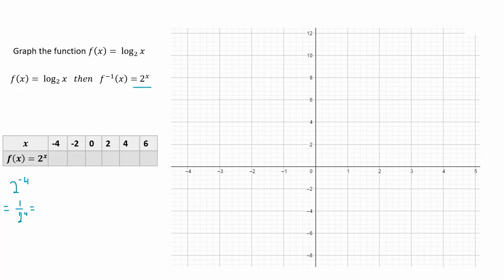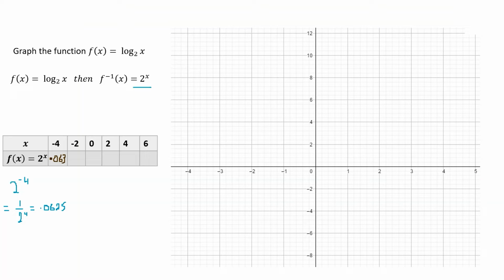So 1 divided by 16 is going to give me 0.0625. I'm going to round it up to 0.063. So into my box then, in here it's going to be 0.063. That's my first value.